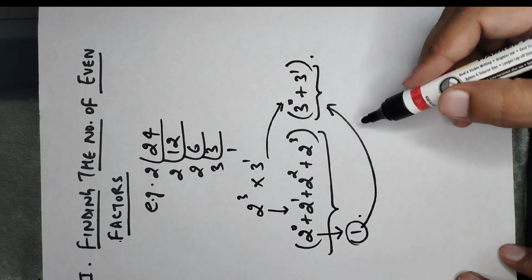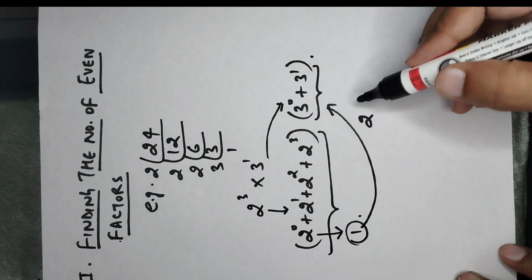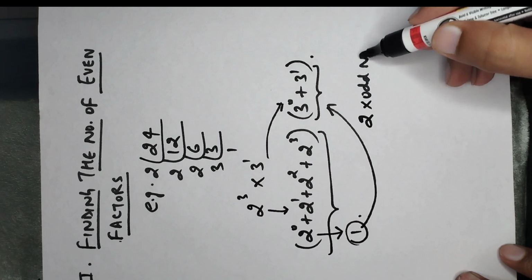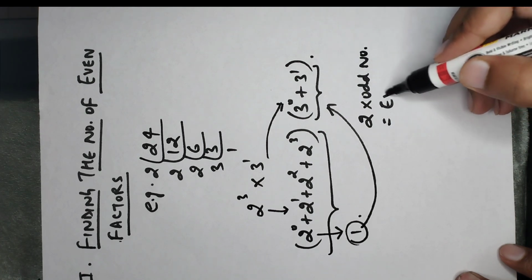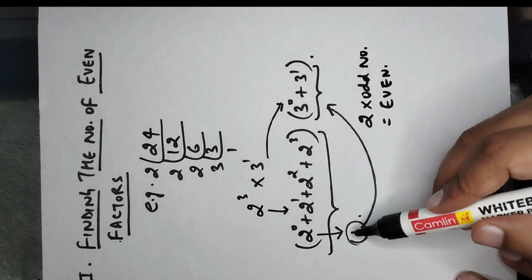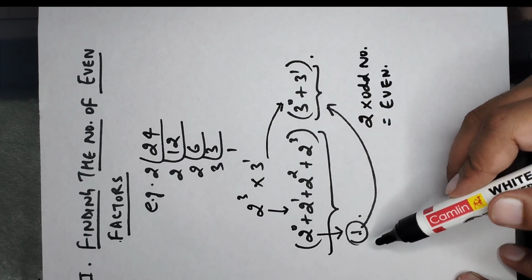As we know, any power of 2, if multiplied with any odd number, we will always get an even number. If I multiply odd with odd numbers, we will always get an odd number.